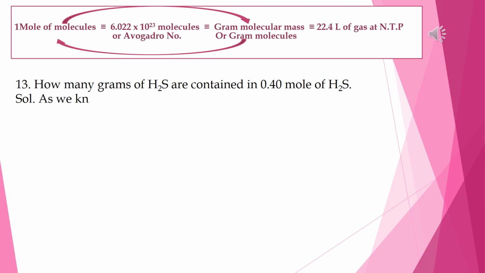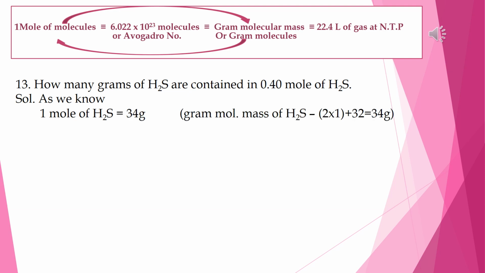As we know, 1 mole of hydrogen sulfide gas is equal to the gram molecular mass of hydrogen sulfide, which is 34 gram as calculated here. So 0.40 moles of H2S is equal to 34 gram divided by 1 mole, multiplied by 0.4 mole, which is equal to 13.6 gram.